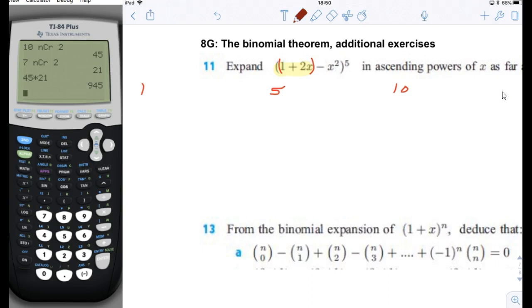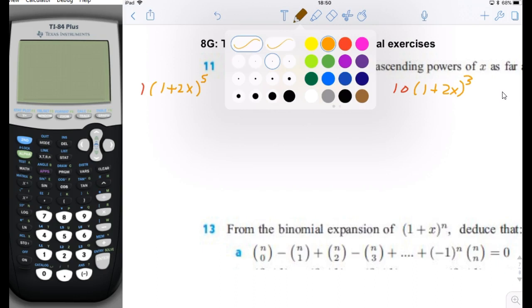Now let's take the yellow part. We'll write it in orange. And so after the Pascal's triangle coefficients, we're going to put the A term here, 1 plus 2x to the 5th, 1 plus 2x to the 4th, and 1 plus 2x to the 3rd, right? And we can continue on with that if necessary.